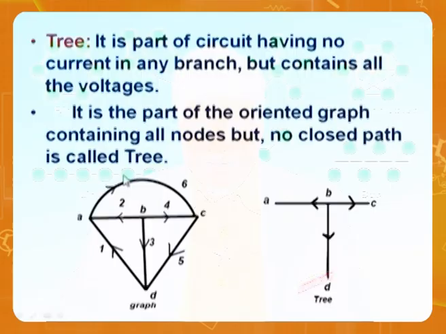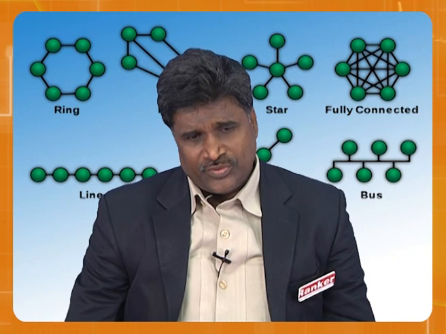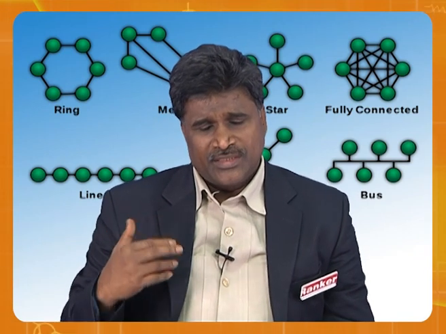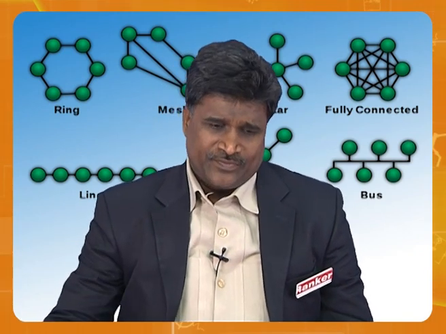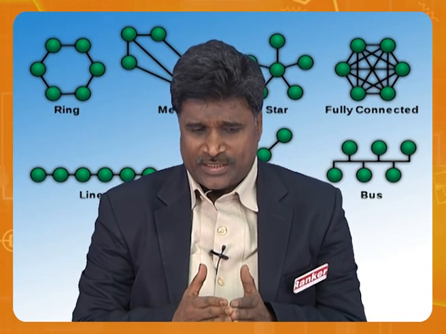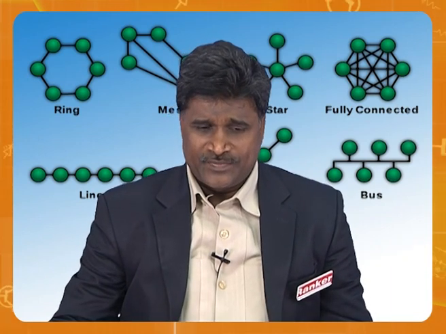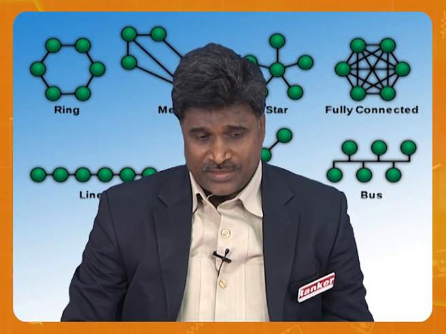Similarly, in this graph, if I take this as a tree, here no current, here no current, here no current. From an examination point of view, these trees are being asked very, very repeatedly. Therefore, tree means the part of the graph which contains all the nodes but no current in any branch. That's the meaning of tree.